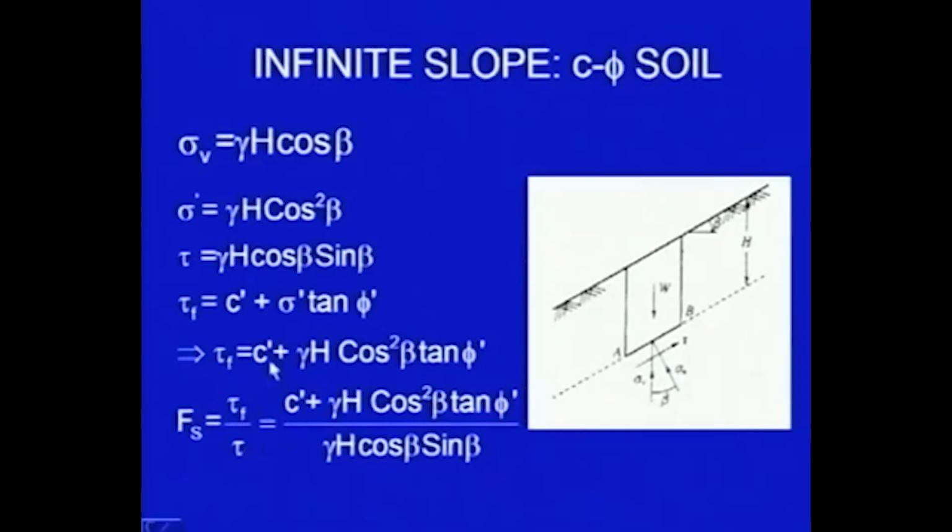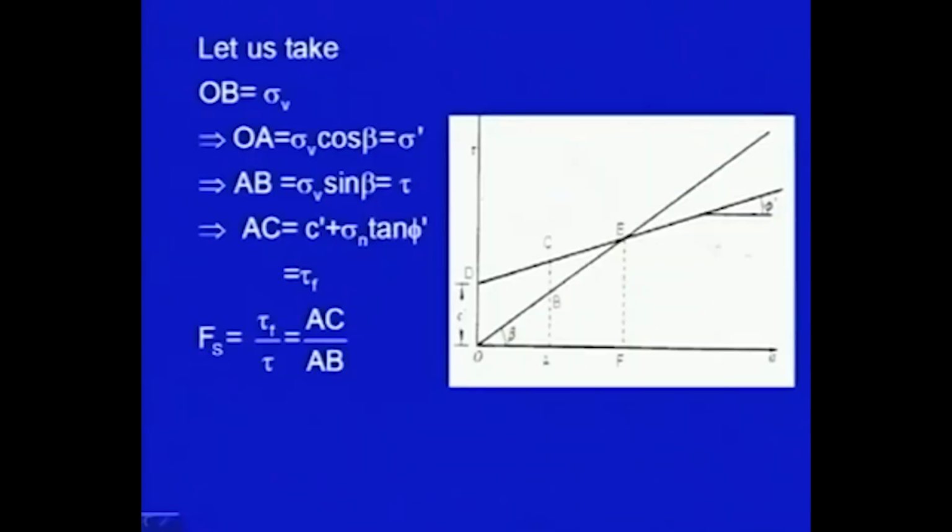So, here it will be this value tau f divided by tau. So, when I put them, c dash plus gamma h cos square beta tan of phi dash upon gamma h cos beta sin beta. This is the value of the factor of safety for c phi soil. Now, this is an interesting case here.